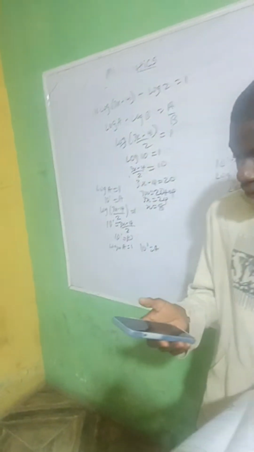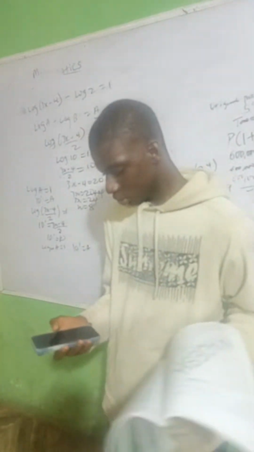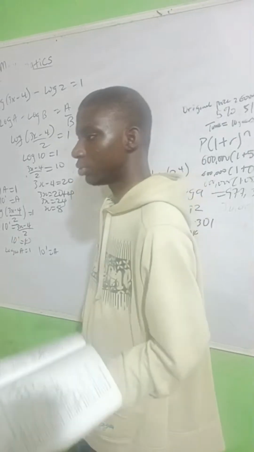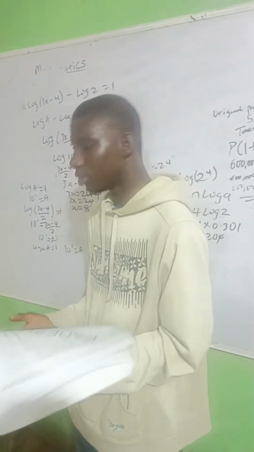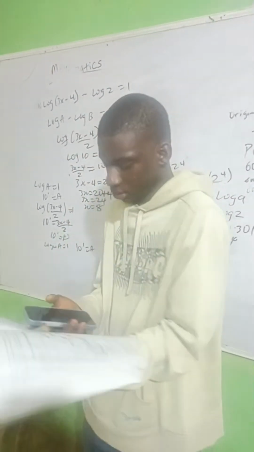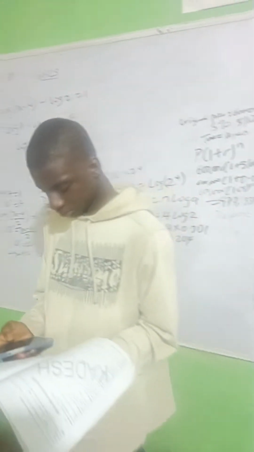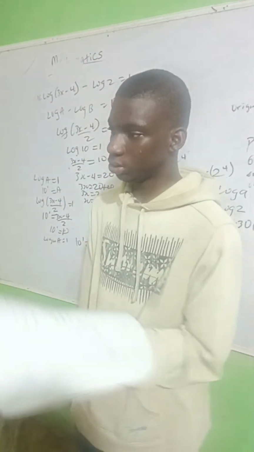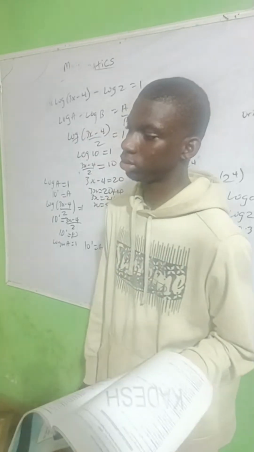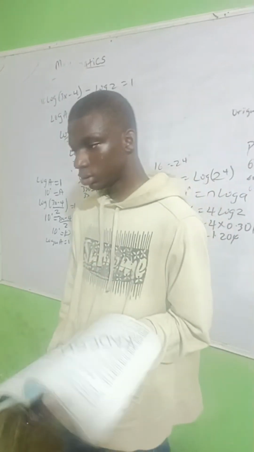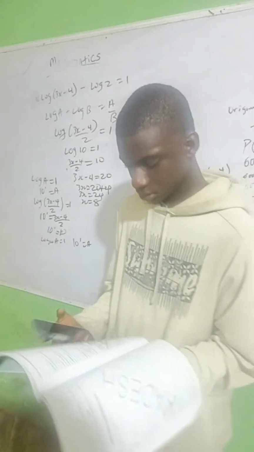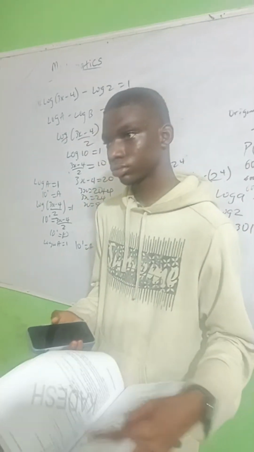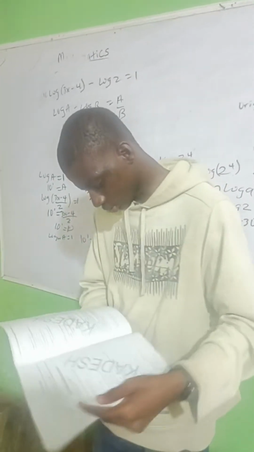So 90% gives 1,800, then 1% will give 1,800 divided by 90, right? So that's 20. So now 100% will give 20 times 100, right? So that's 2,000. So that's how we got 2,000.